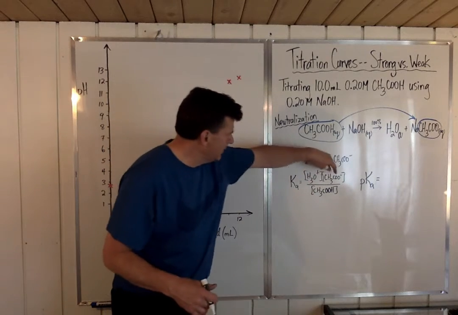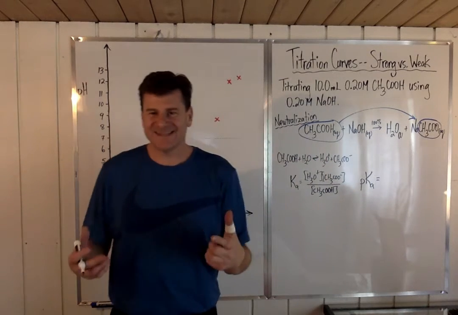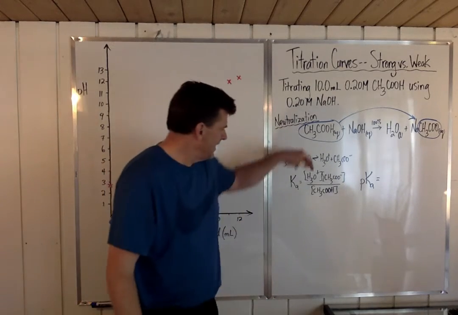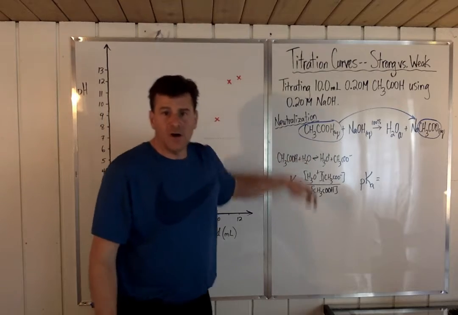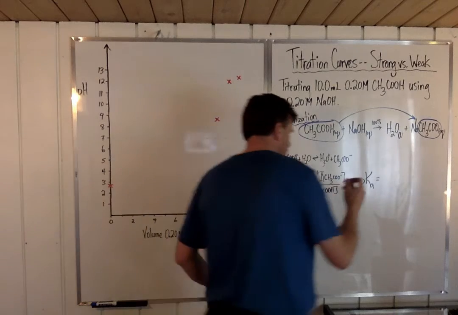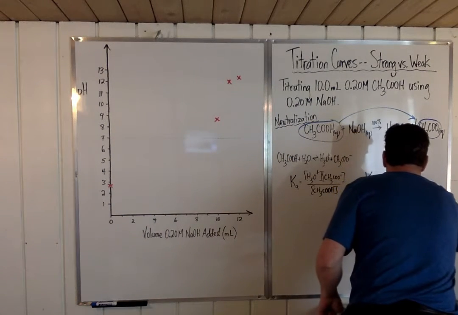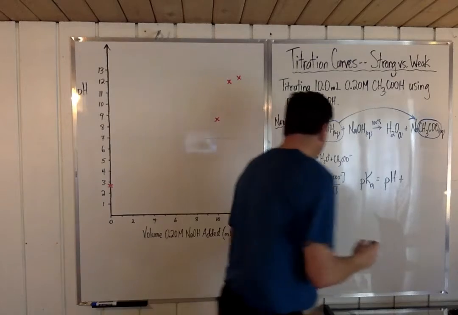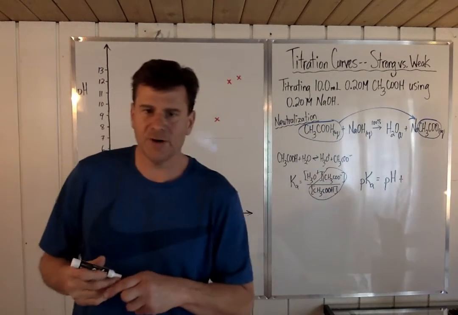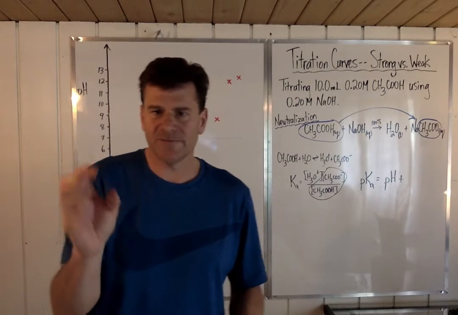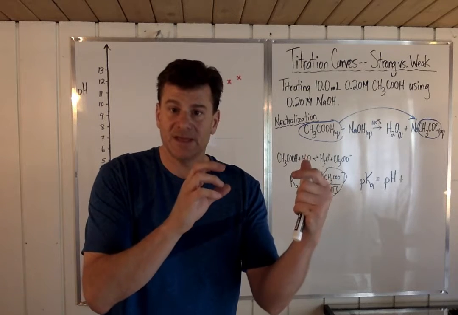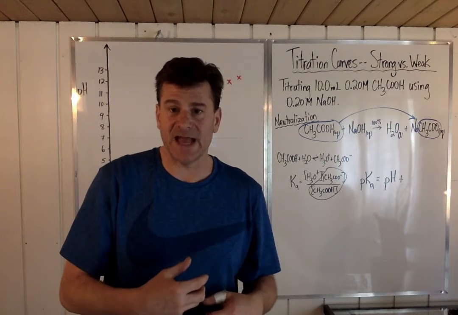If I take the negative log of this, it's kind of an interesting thing because you use your log rules and you can separate some things. Essentially, you can take the negative log of the hydronium, and that's pH. And then, see that little part right there? It's almost like the negative log of the hydronium times the acetate over acetic acid.